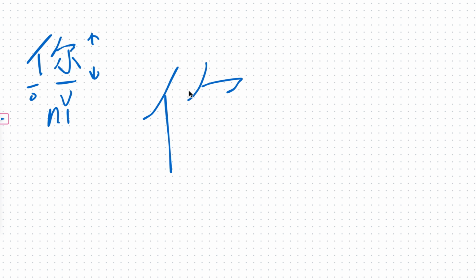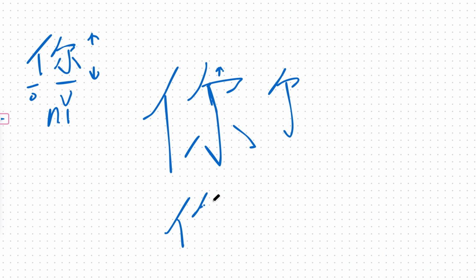Okay, and for the lower, you could connect this to the top, but never go above it. Although I like to write it with a little space, you could connect it, but never go over it.